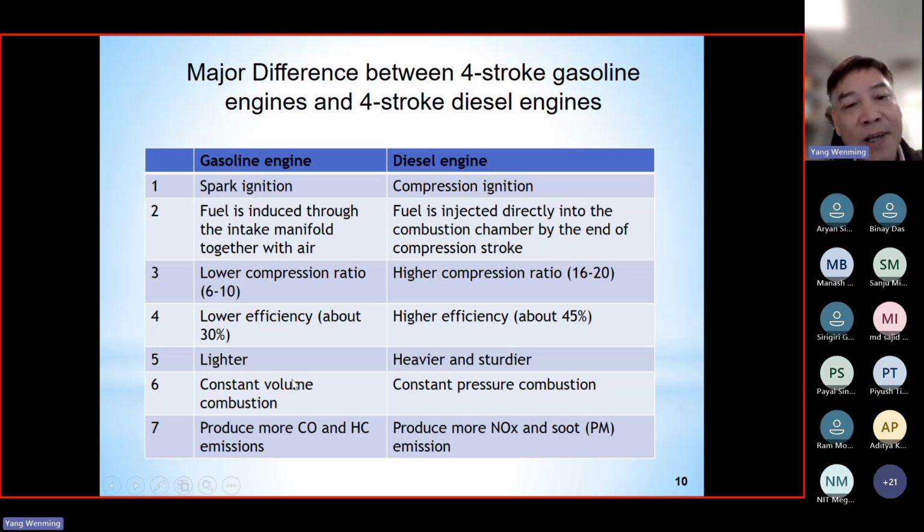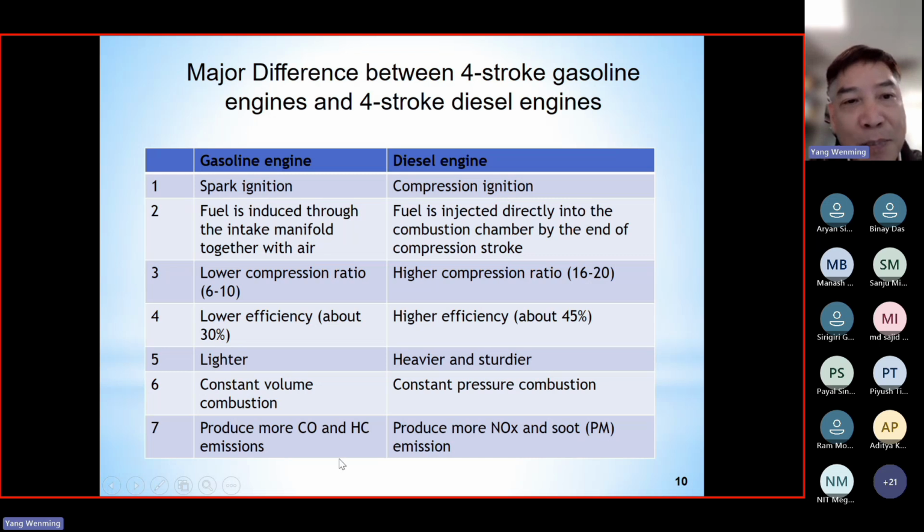Okay, for gas engines, the combustion process is similar to a constant volume process. In the actual combustion process, of course, it's not constant volume, but we can use a constant volume combustion process to represent gas engines. For diesel engines, it's a constant pressure combustion process.